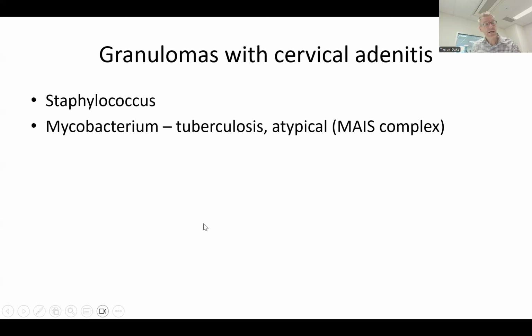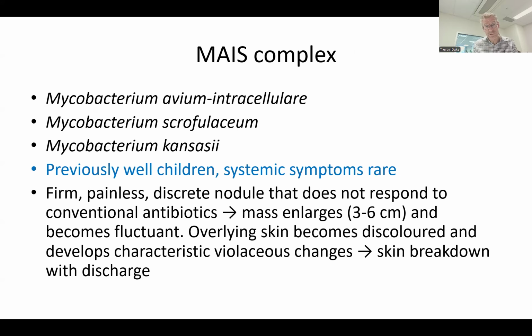Wanted to touch on another type of granuloma now, granulomas with cervical adenitis. I guess we get used to a lot of cervical adenitis in children being called TB, and a lot of it is, but some of it is not due to Mycobacterium tuberculosis, but due to Mycobacterium avium intracellulare, and a typical form of TB, and some of it, of course, is due to Staph aureus.